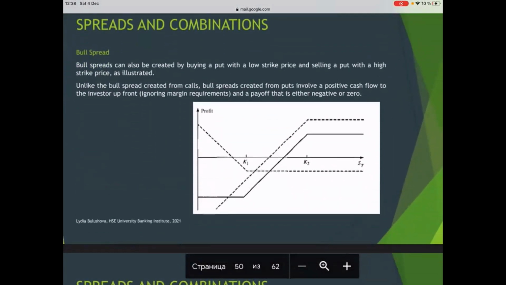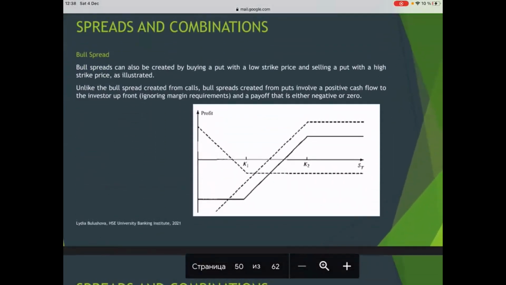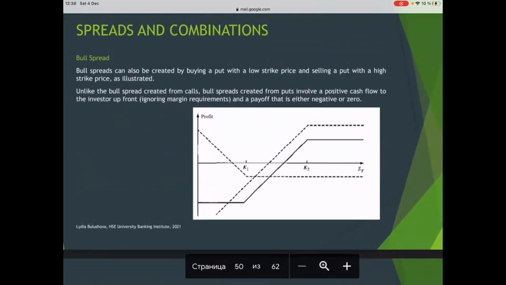So here we've got the graph once again. Those graphs are also created by buying a put with a low strike and selling a put with a high strike price.